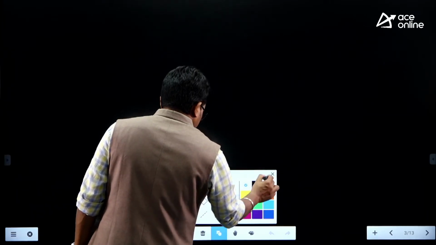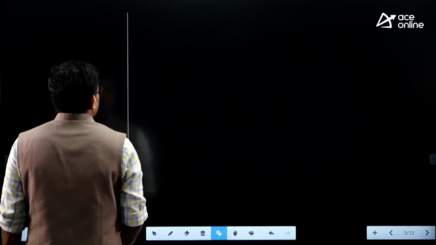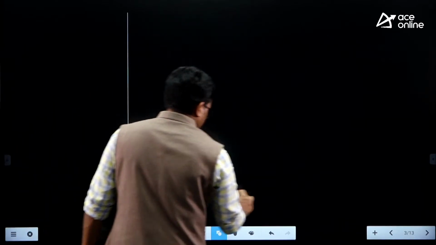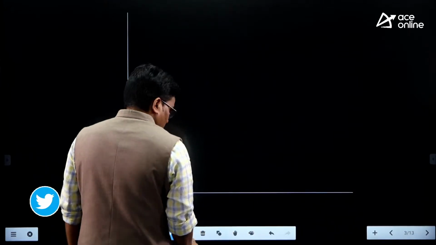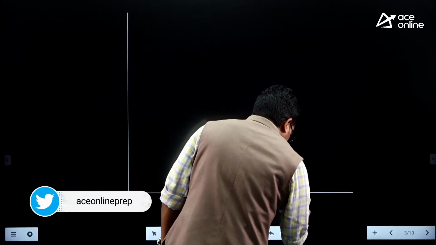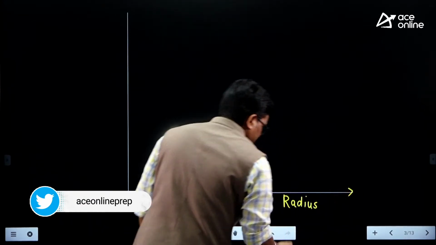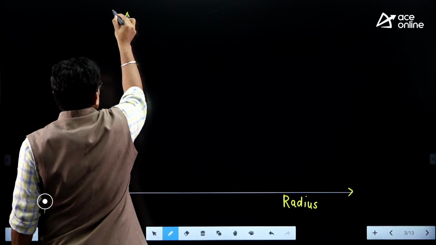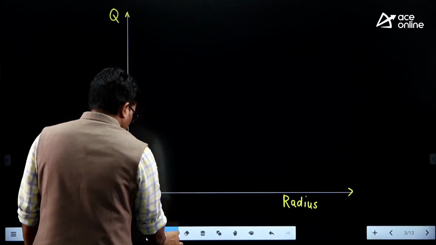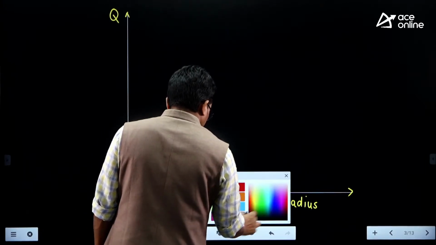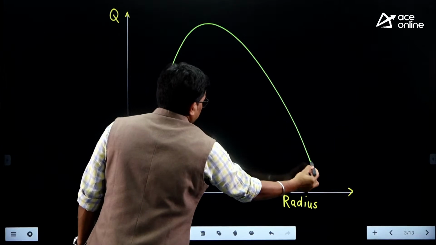And based upon that, if we plot the graph, which is very important for exam, everyone please pay attention. So this is radius, this is Q. Now I am going to plot the graph, so be with me. This graph is something like this.